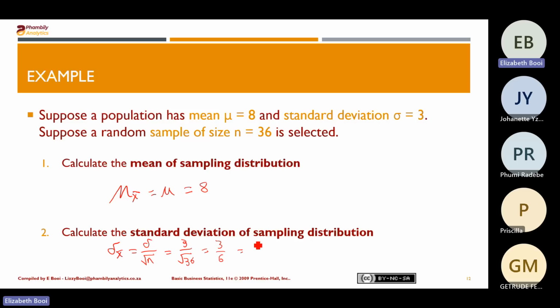Therefore, it will be 1/2, or 0.5. And that's how you will answer the question if they ask you to find the mean or the standard deviation of a sampling distribution. They might also ask you to find the standard error. You must know that it's one and the same thing.